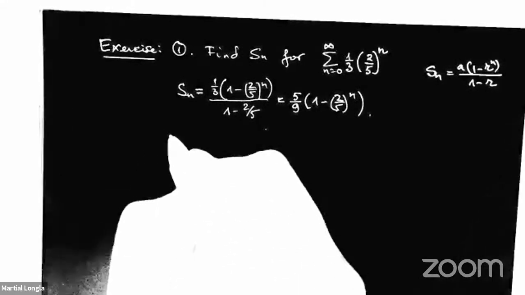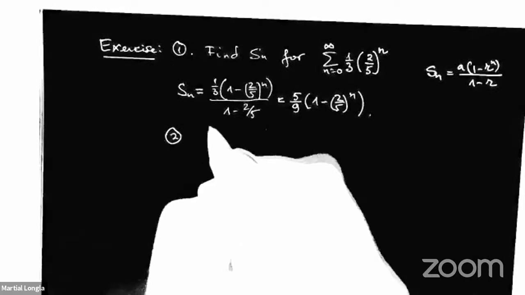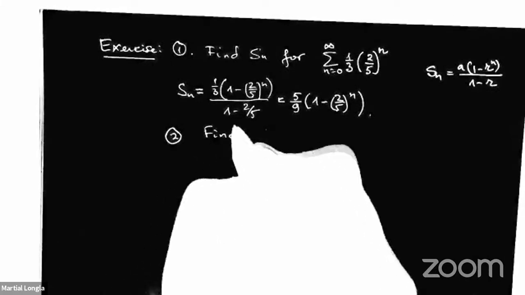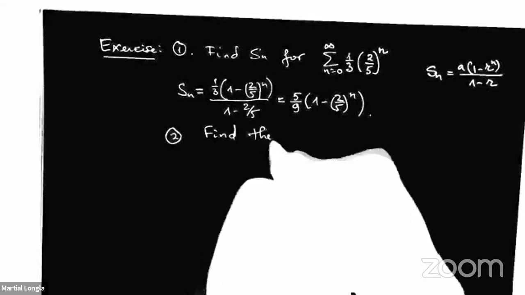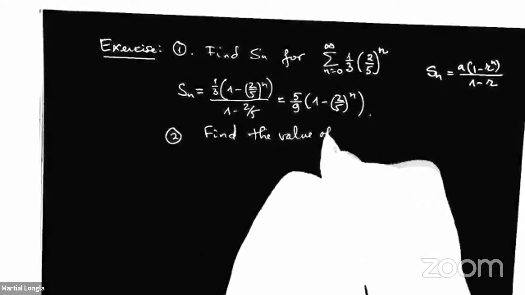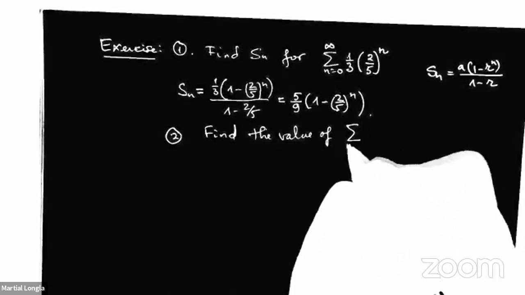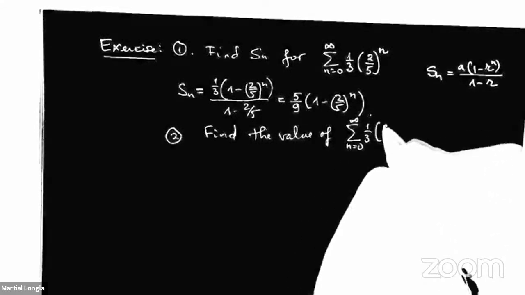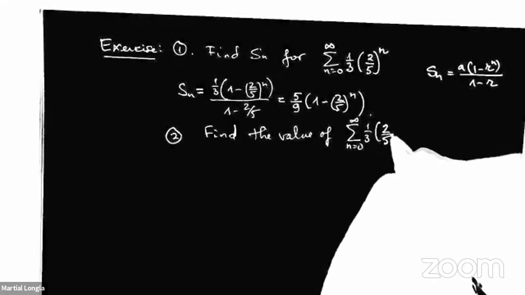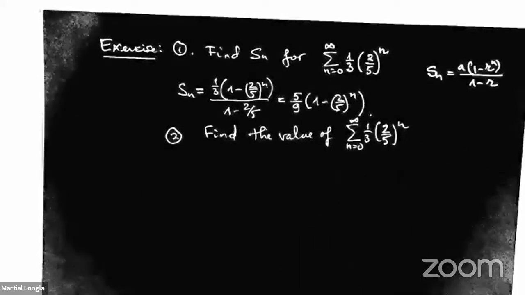Right. Now second, find the value of the sum from n equals 0 to infinity of 1/3 times (2/5) to the power n. So it's two different things they can ask you over there.